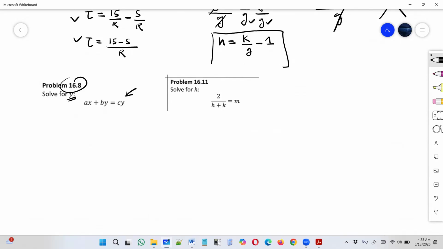We're solving for y. Now notice I have two terms where I have y. Because I'm solving for y, that means that at the end I have to have y equals, and on the right side, no y.